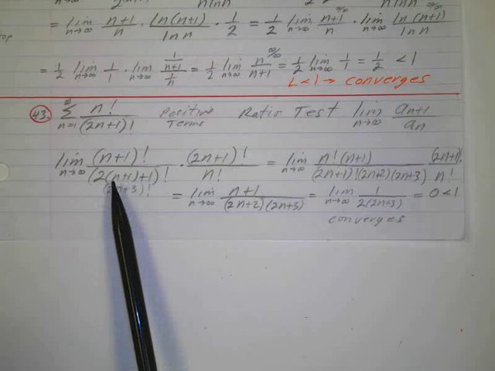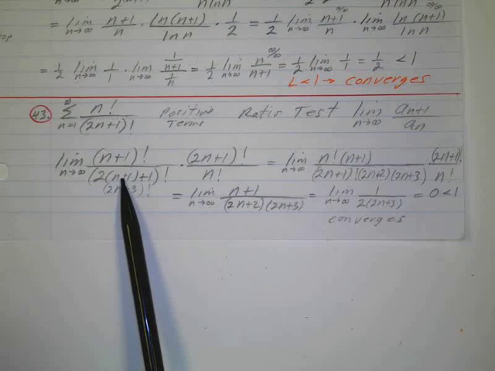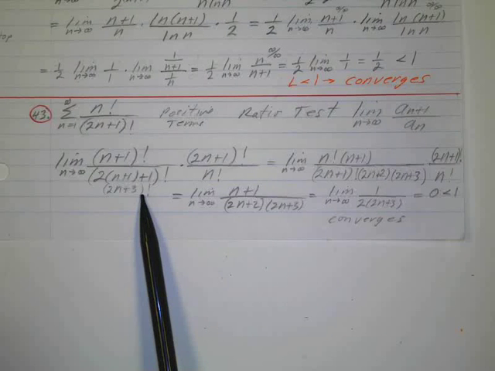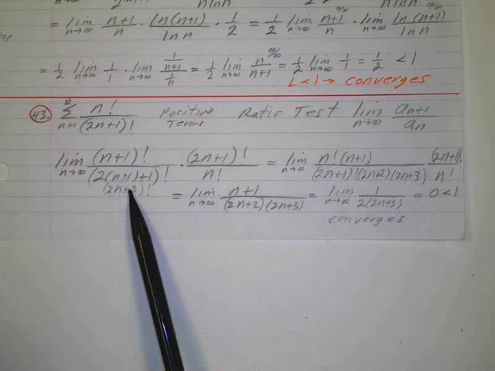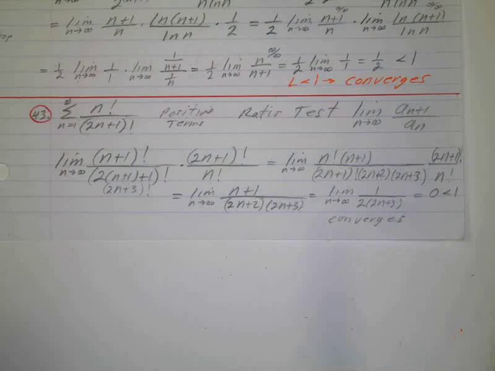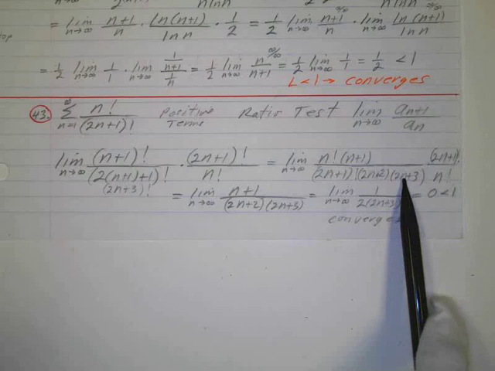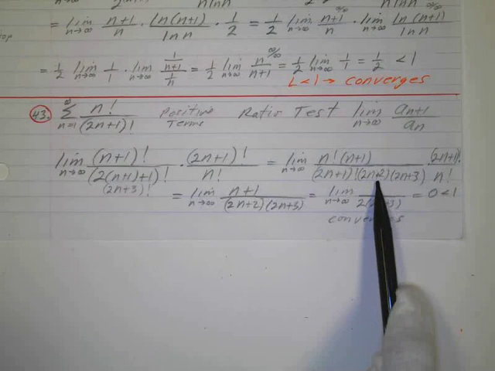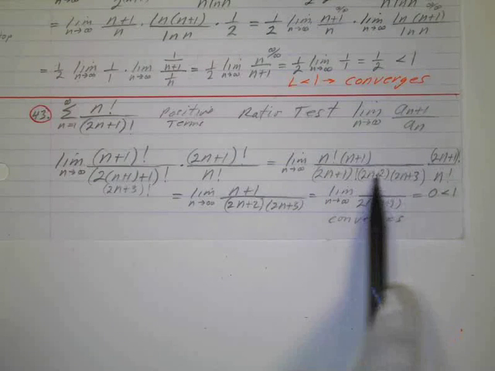Now we can rewrite this 2n plus 1, that's 2n plus 2 plus 1, as 2n plus 3 factorial. Now what I can do in order to get that to kind of work with this is I can write 2n plus 3 factorial as 2n plus 3 times 2n plus 2 times 2n plus 1 factorial, because that's going to go all the way down.